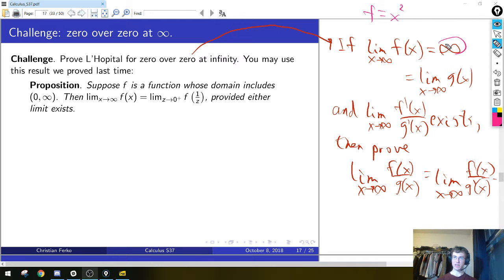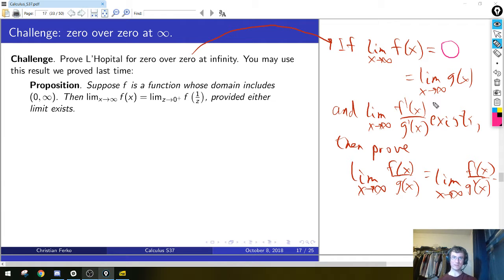Because x squared clearly goes to infinity as x goes to infinity. Oh, did I write the wrong thing? Why did I write infinity? You're right. I should be saying 0. Good. Thank you. I don't know why I said that.